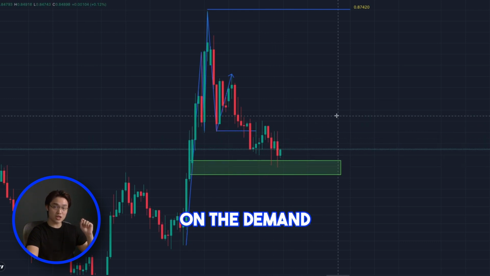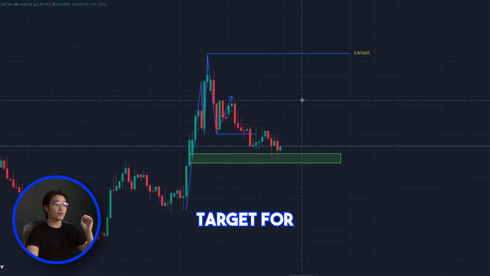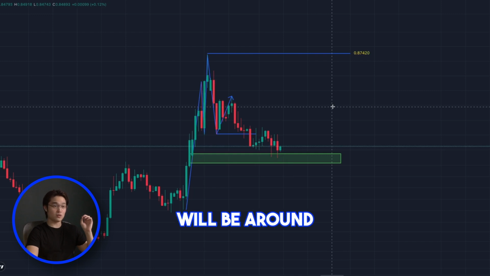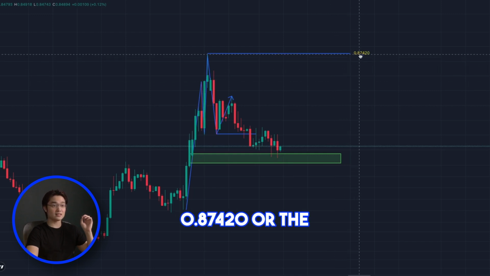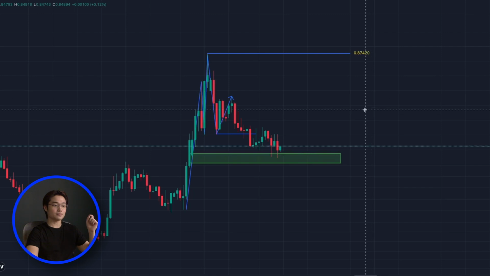If the rejection on the demand zone was valid, then the next target for euro pound will be around 0.87420, or the last resistance. It will be its first target.